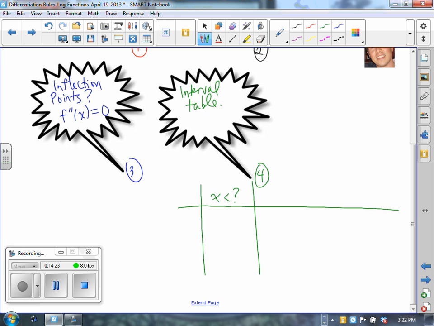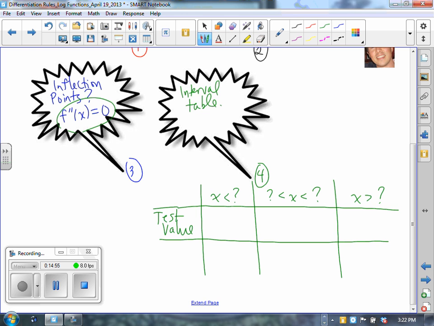That would be followed by, depending on how many you have, you'd oftentimes have one in between and one that went beyond. So there could be anywhere from one to many critical values, but that depends on the solution to this equation up here. Down the left-hand side, we often had a test value in our table.